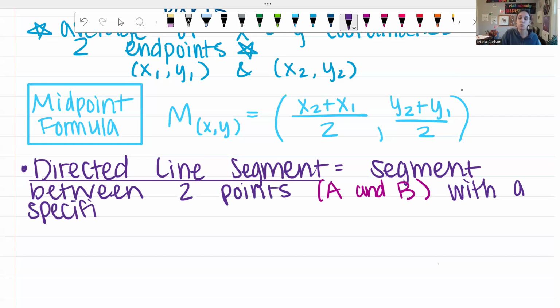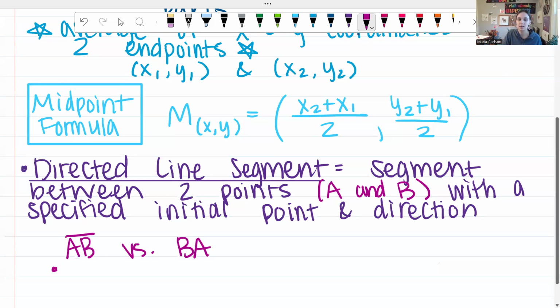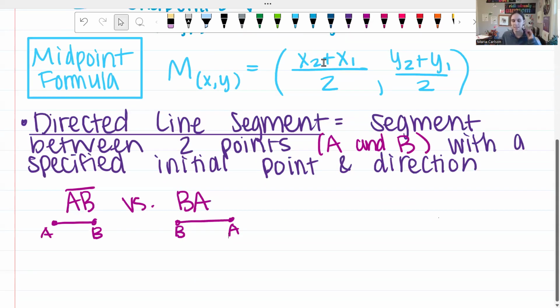I'm going to say initial point and direction. So a specified initial point where the segment begins and the direction it's going in. There is a difference between segment AB and segment BA. AB means the segment from point A to point B, and BA means we are starting at point B and going towards point A. A lot of times that doesn't matter, but now that we are working with these directed line segments, it does.